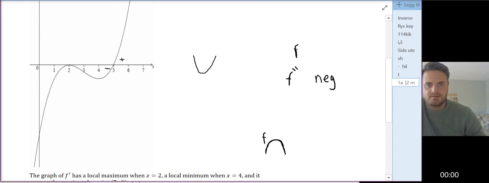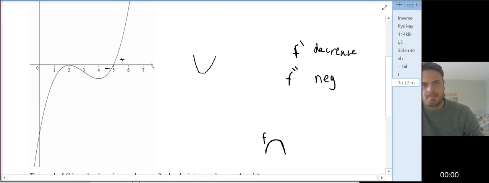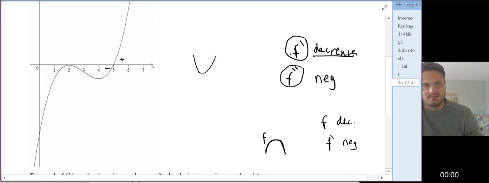But what about the derivative? The thing is, if a function decreases, then its derivative is negative. If a function f is decreasing, then the derivative is negative. And this is the derivative of this. So when this is decreasing, then this is negative. And when is this graph decreasing?